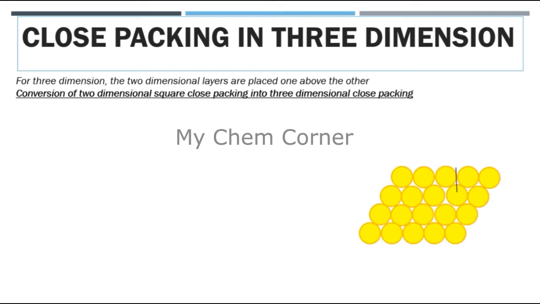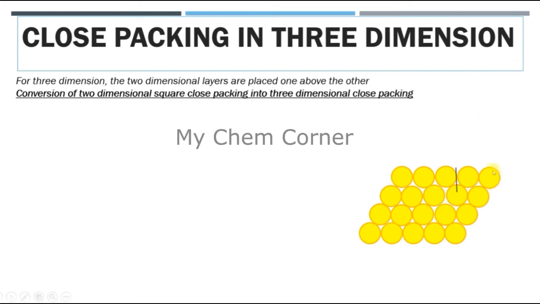So here, let's take a 2-dimensional square close packing and then I've just tilted the entire thing. If I take an arrangement that's physically present in front of me and slant it, this is the type of arrangement I will get, right?